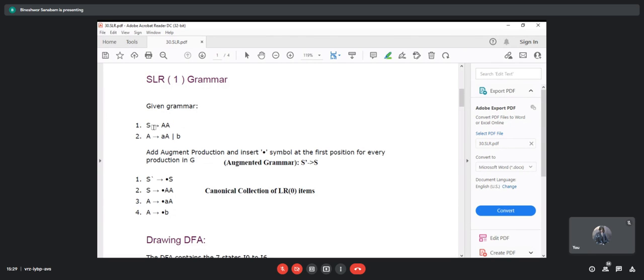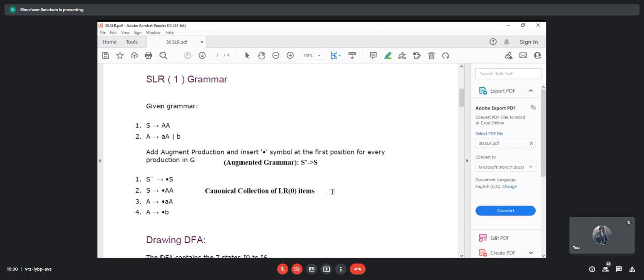In this case, S is the start symbol. If our production started with Y, something like Y implies AA, then the augmented grammar is going to be Y' implies Y. So the first step, as usual, is to include the augmented production.